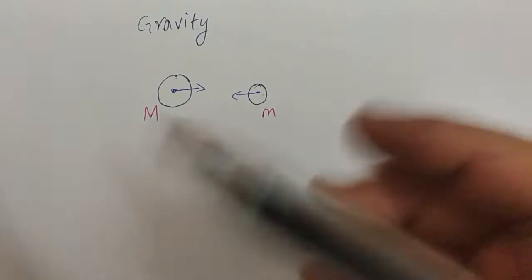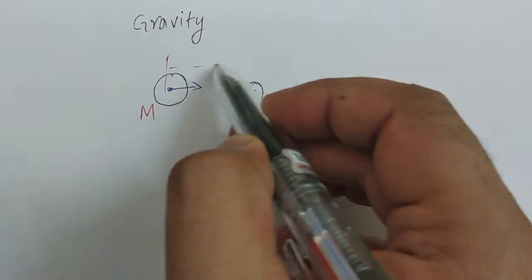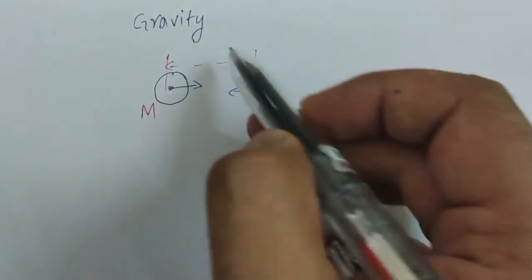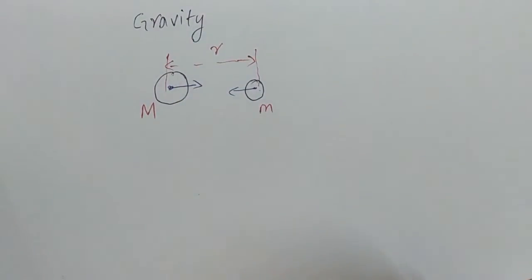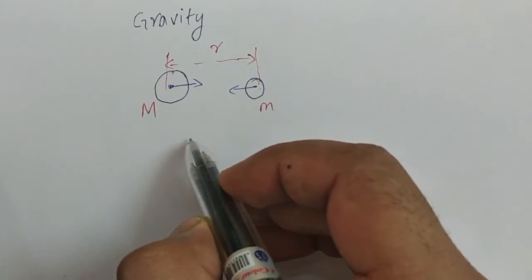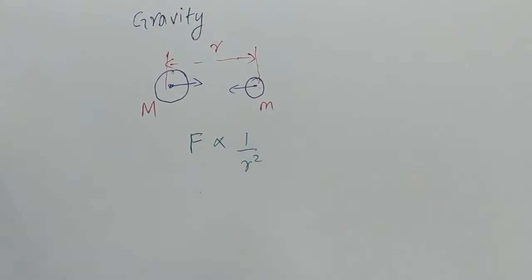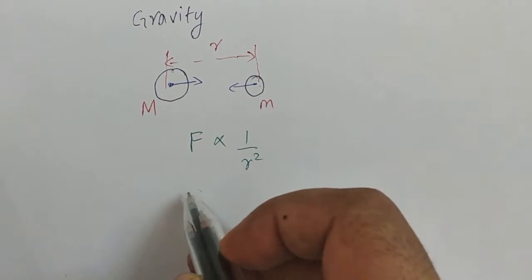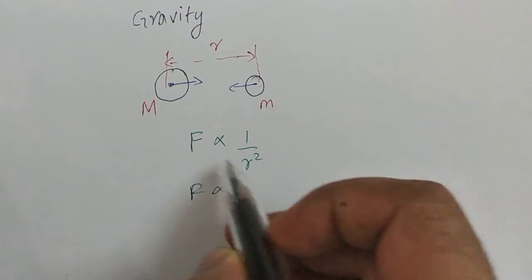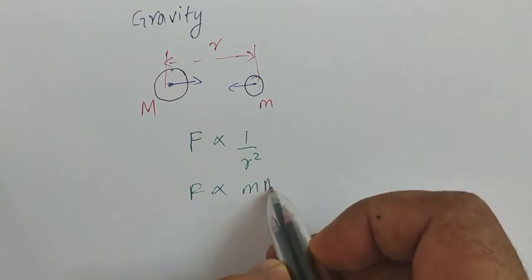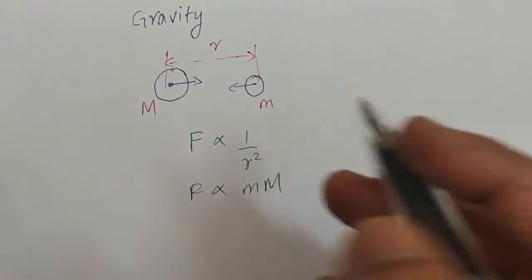Now, by Newton's law of gravity, if the distance between the centers of these two objects is small r, then the gravitational force is inversely proportional to the square of the distance between these two objects and directly proportional to the mass of each object.